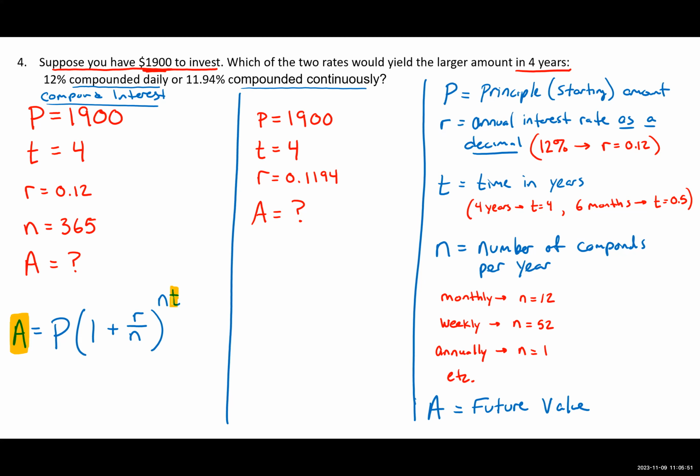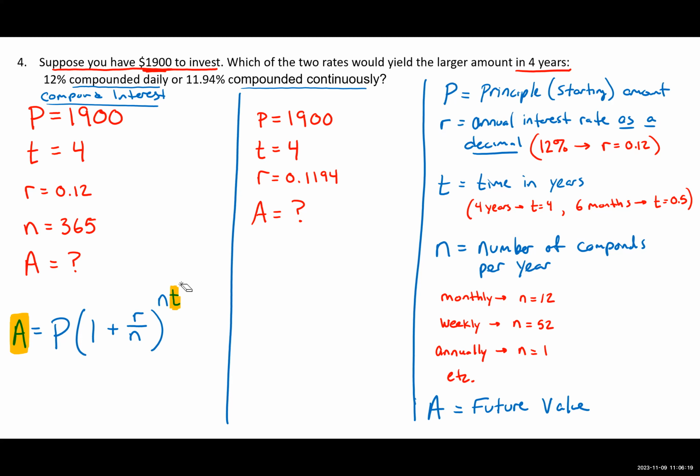So time is also a variable. Those are the 2 variables. The other letters are fixed. They never change. Your starting value is your starting value. Your interest rate is your interest rate. The number of compounds per year is set from the beginning. The only 2 things that are changing are time and the future value, which depends on time. Okay, so this is an exponential function.